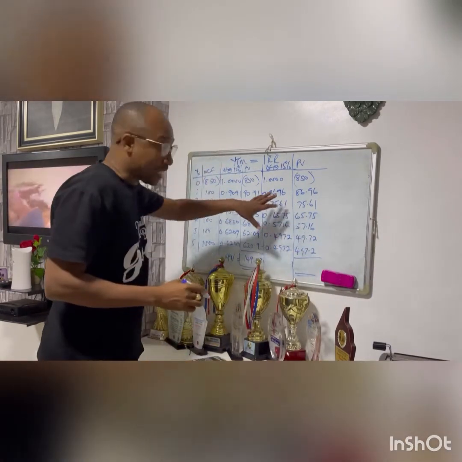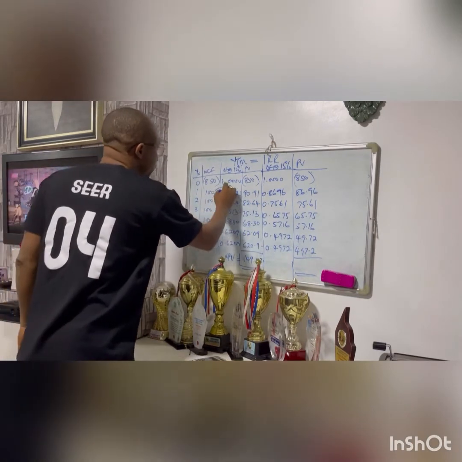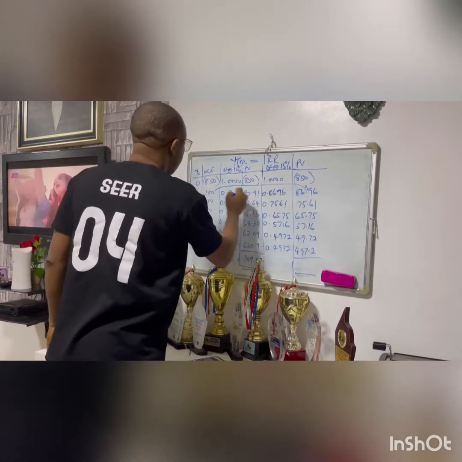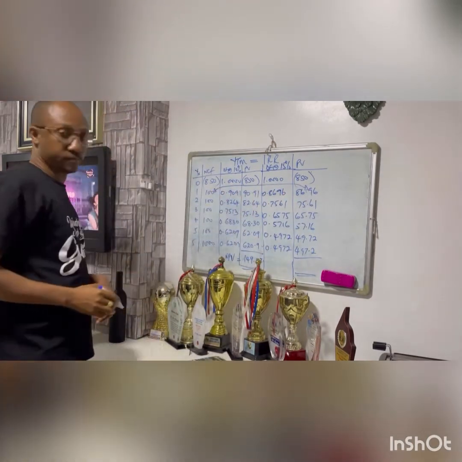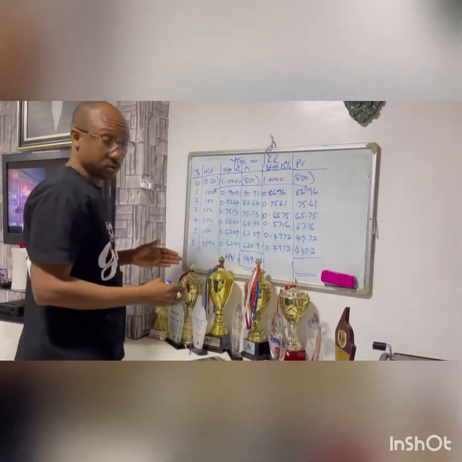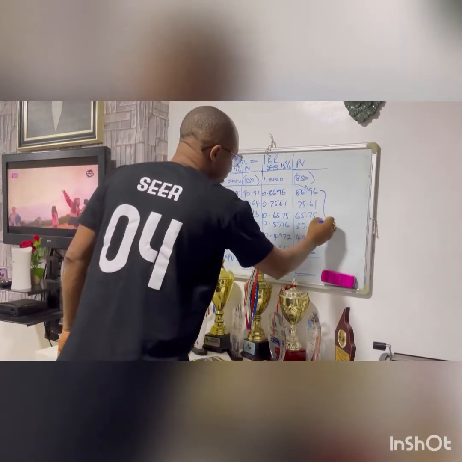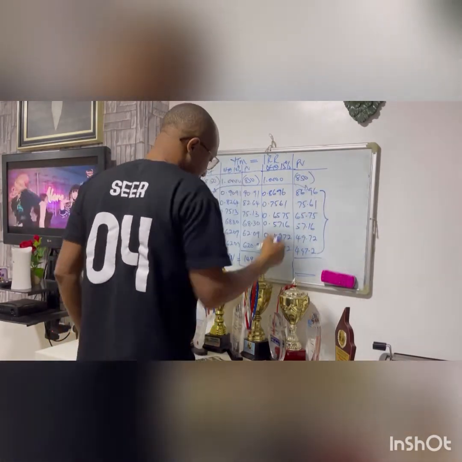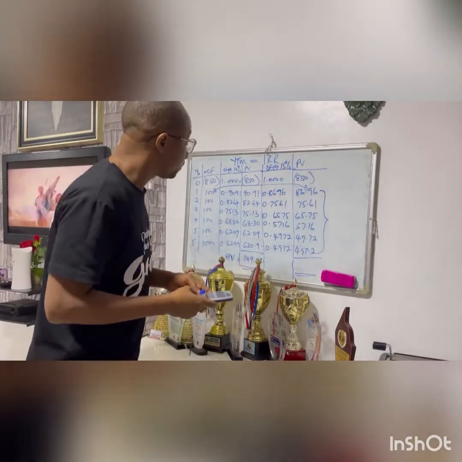I hope you understand that I was multiplying these two columns. So now I will add all this again. Whatever I get, I subtract 850 from it.